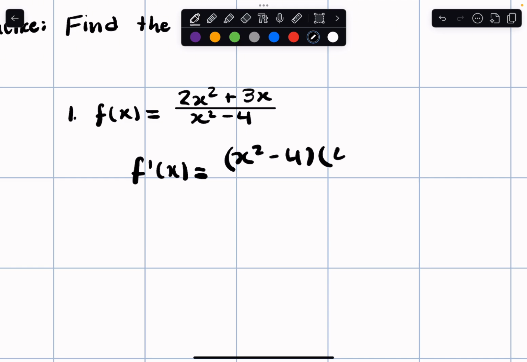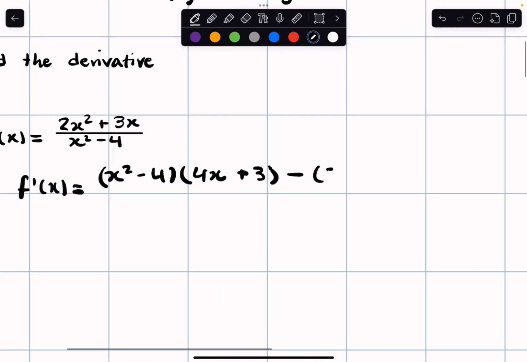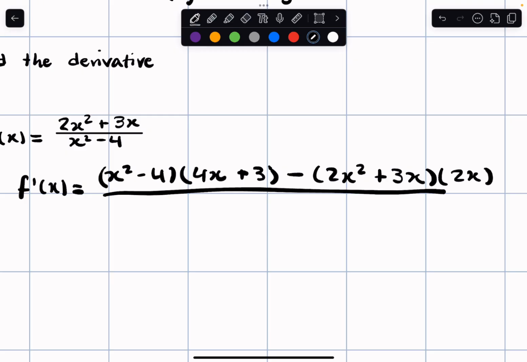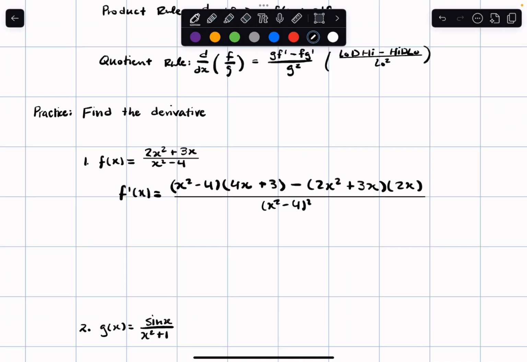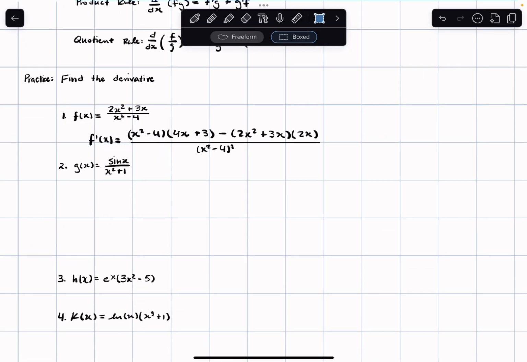So it's going to be 4x plus 3, minus high, so it would be 2x squared plus 3x, then d low, it's going to be 2x. And then we just want to do it all over low squared. So it's going to be x squared minus 4 squared. And then we could simplify it if we wanted to, but we do not have enough time to do that. So let's move on to the next one.